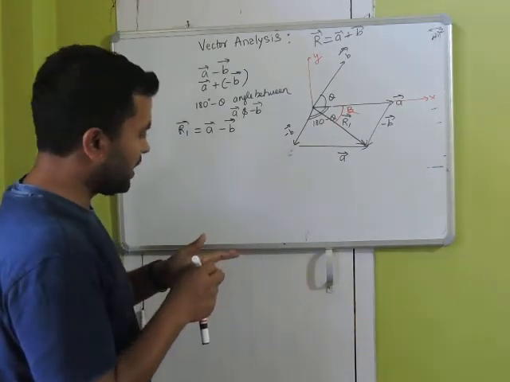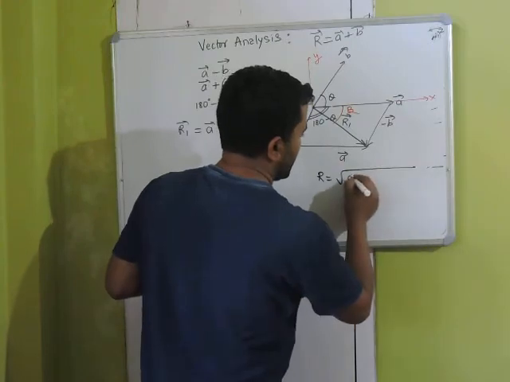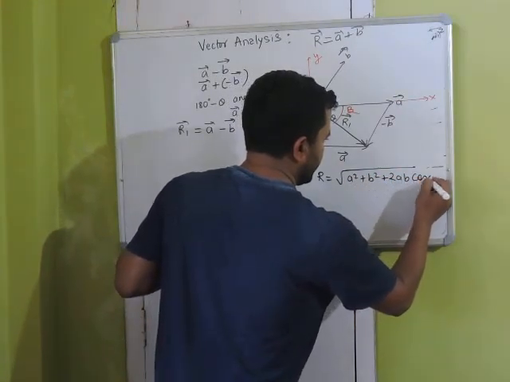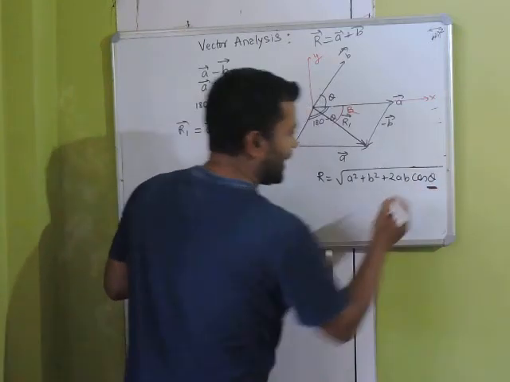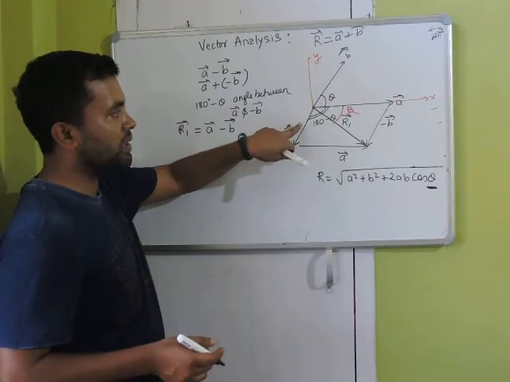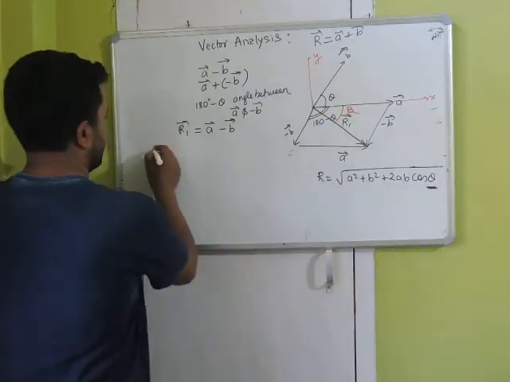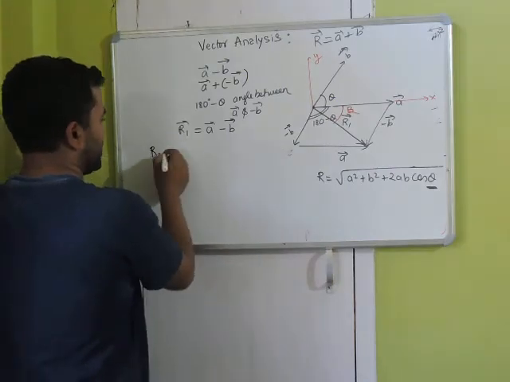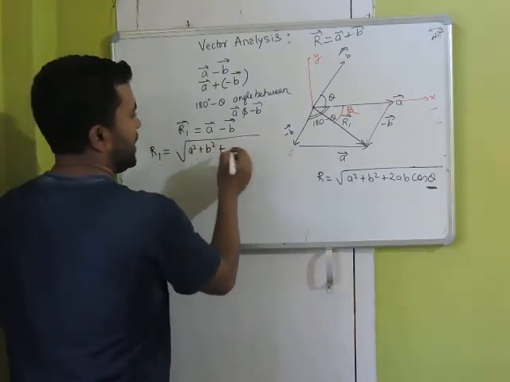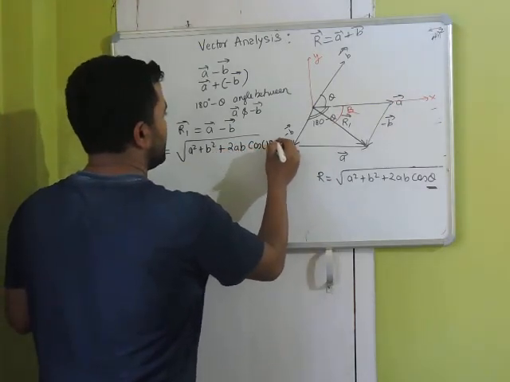In the case of A plus B, if you remember, the resultant was the square root of A square plus B square plus 2AB cos theta, where theta is the angle between them. Now the angle between A and minus B is 180 minus theta. So this resultant, which I am writing as R1, will be A square plus B square plus 2AB cos of 180 minus theta.